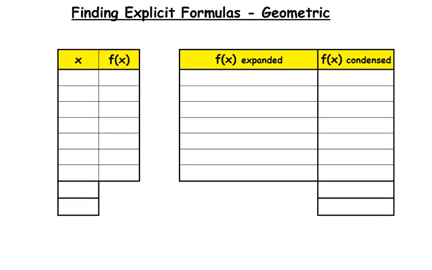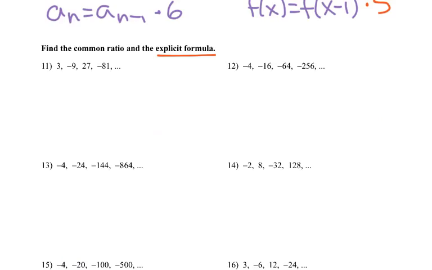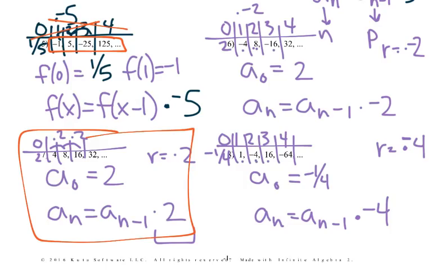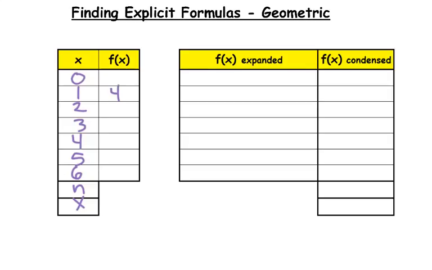Looking at this, we started with 4. 4 was our first term. Then 8, 16, 32, 64, and 128. Okay, so we found out that our ratio was timesing by 2.